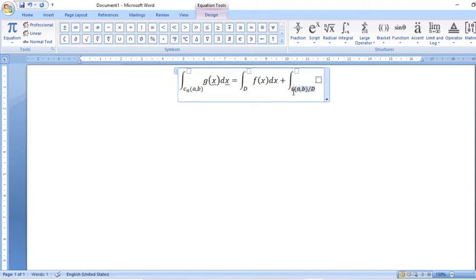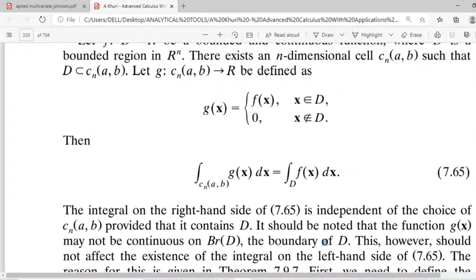Here g is 0, so this integral is exactly 0, and this is nothing but the integral over D of f of x dx. So that is obtained here.